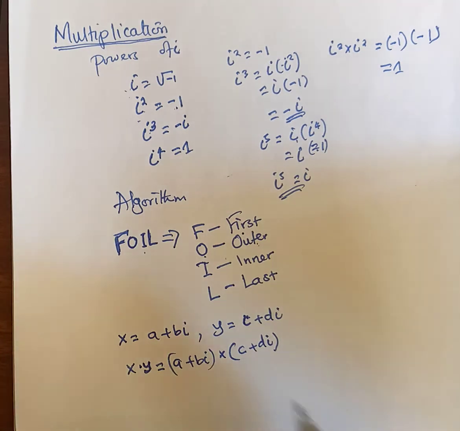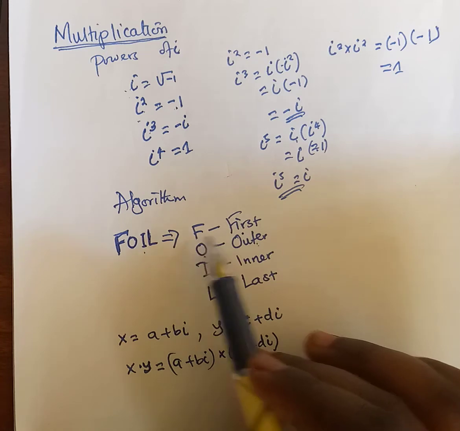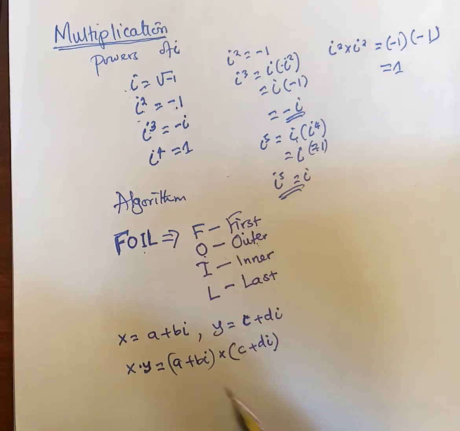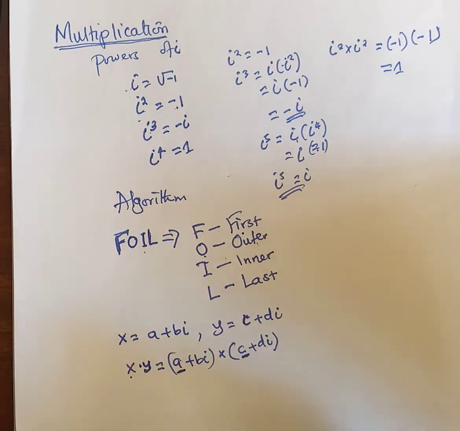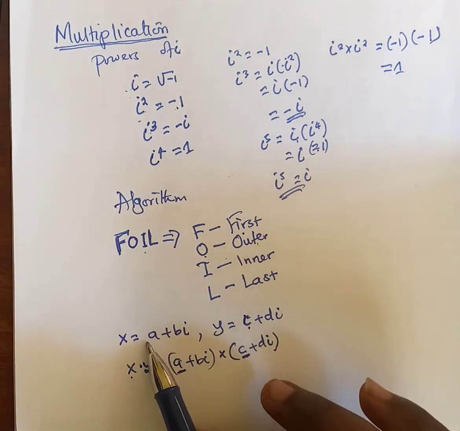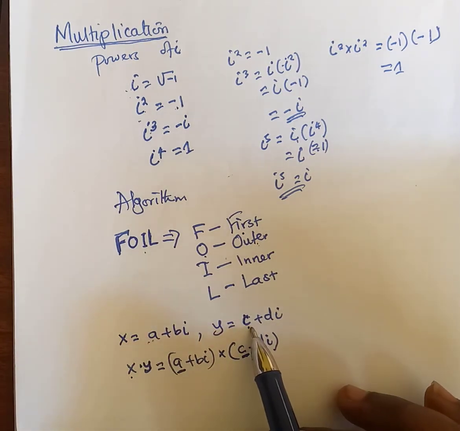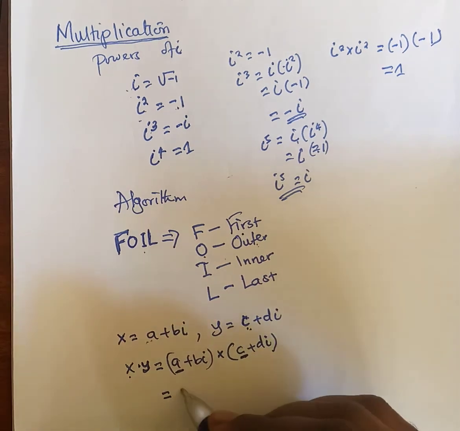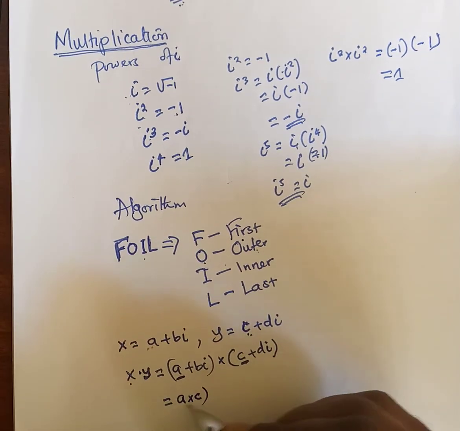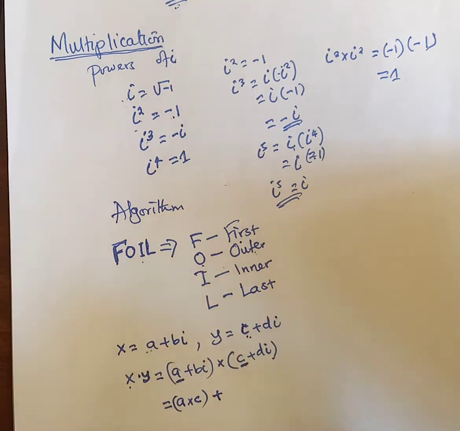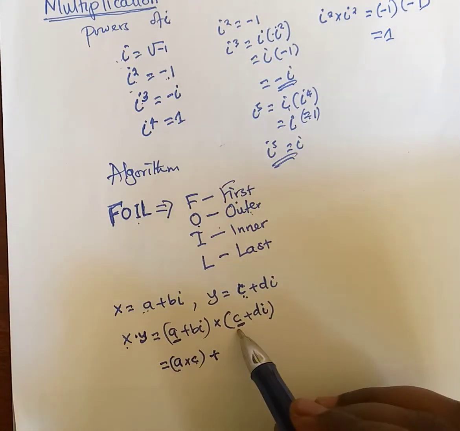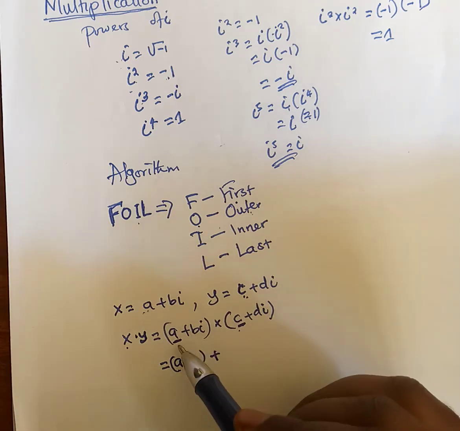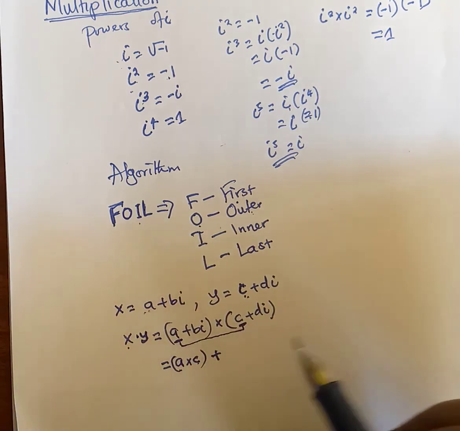Now look at what that means. In my multiplication I should consider the first terms. a is the first term in x and c is the first term in y. So first I'll have a times c, the first terms, what begins on each of the numbers.